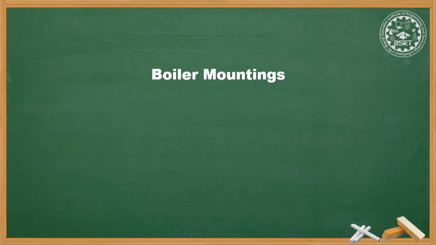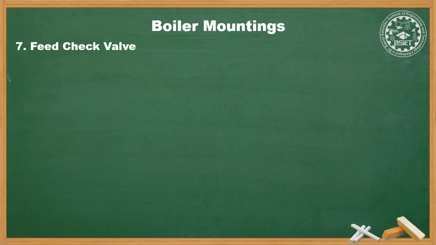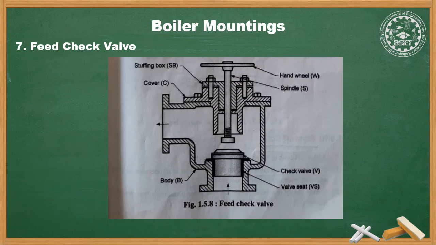The next point is the feed check valve. The feed check valve, as shown in the figure, is a unidirectional valve and prevents the backflow of water from the boiler. It also controls the amount of feed entering the boiler by adjusting the valve lift.